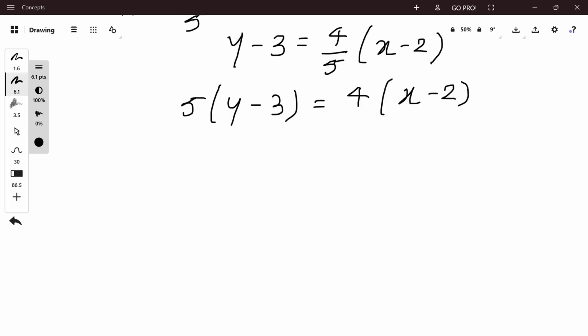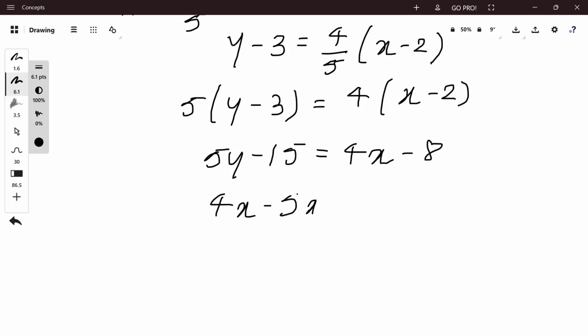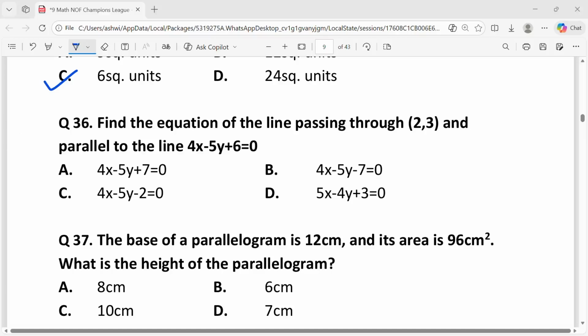That is 5y − 15 = 4x − 8. Rearrange to standard form ax + by + c = 0, that is 4x − 5y + 7 = 0. Comparing with the given options, the answer is A.